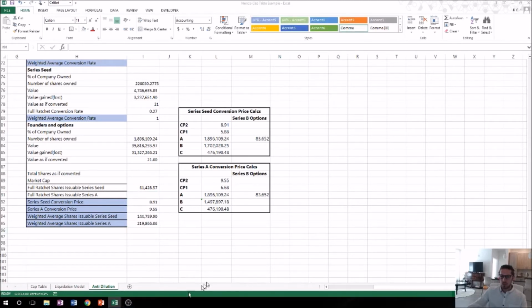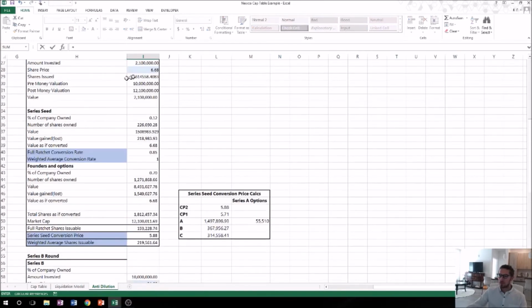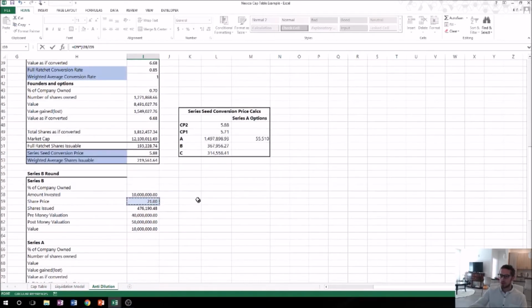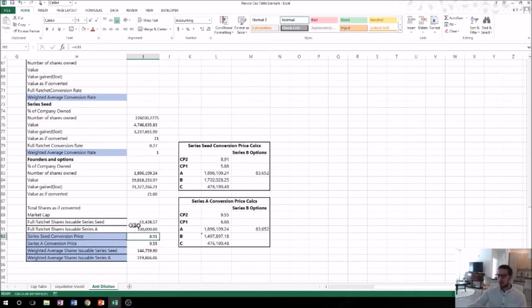And full ratchet shares issuable is just shares issued once again to the Series A times share price. And this time we don't use the conversion price, we use the actual share price for the round, for the full ratchet. The reason is that full ratchet will reduce all the shares, it won't reduce a weighted average amount of shares.